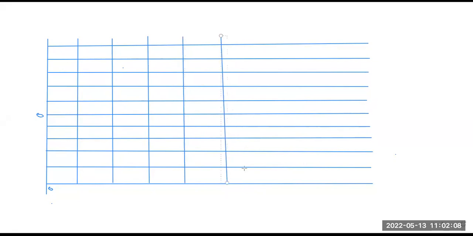So this is basically the first term here, 0, and the other axis has a different range: 5, 10, 15, 20, 25, 30, 35, then 40, and so on.